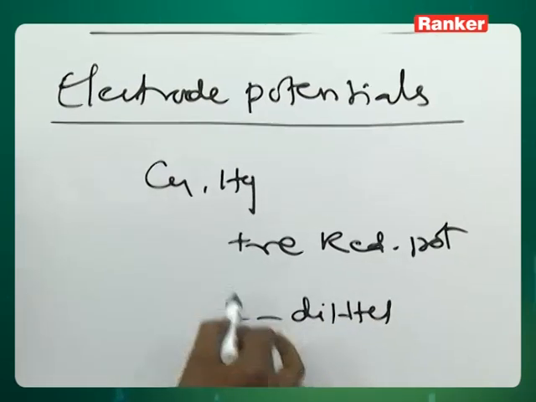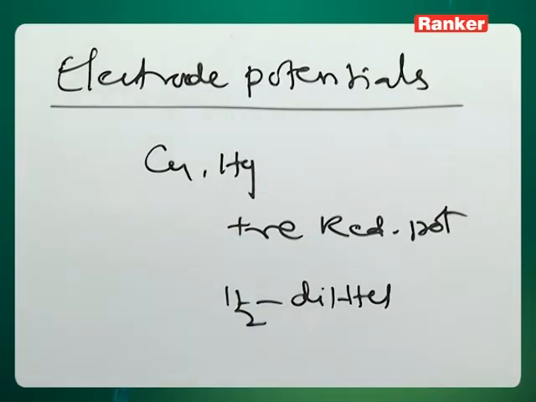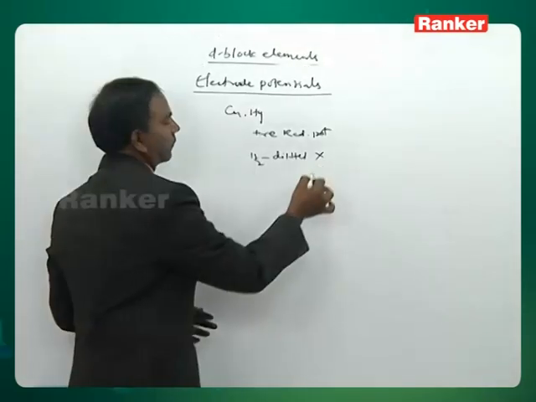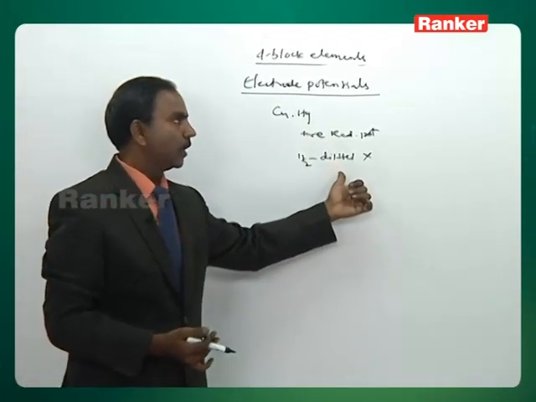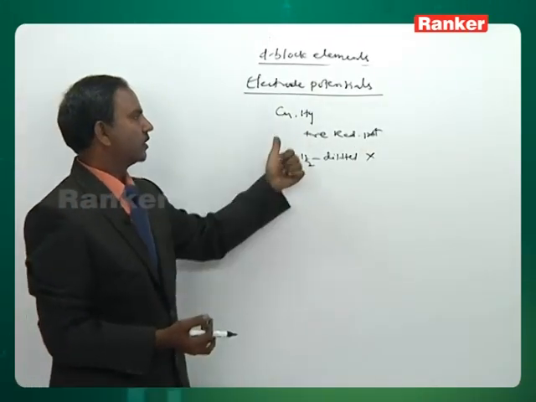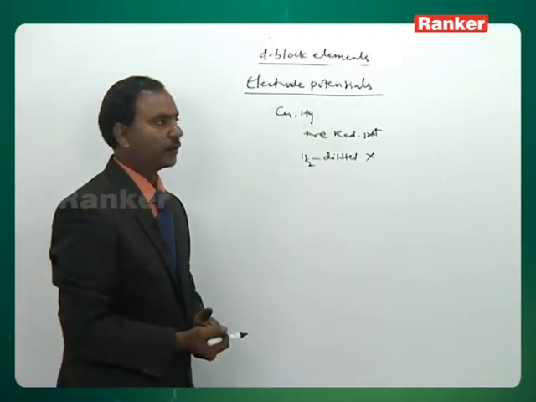Copper and mercury cannot easily liberate hydrogen from dilute acids like dilute HCl or any other dilute acid. These cannot easily act as reducing agents.